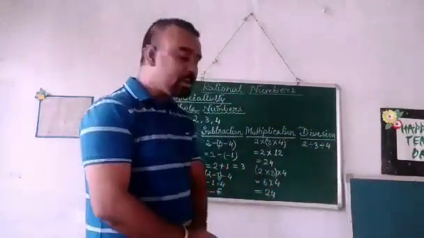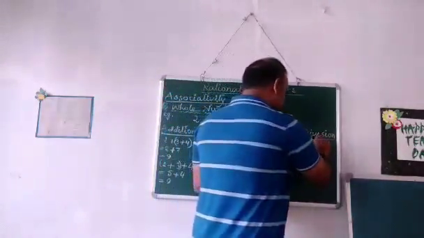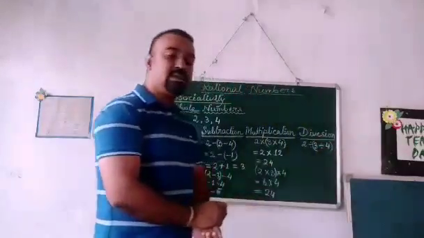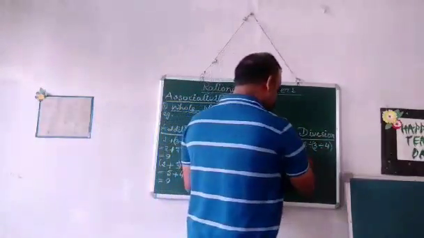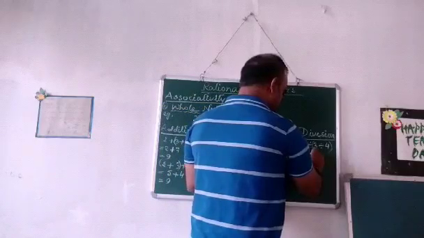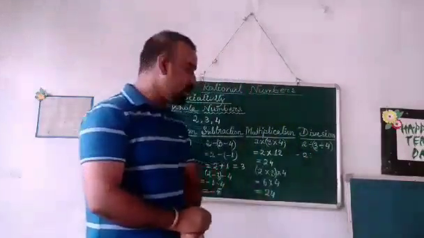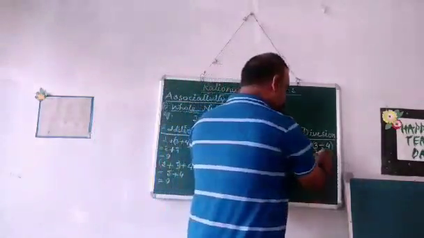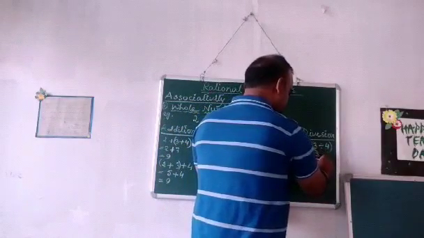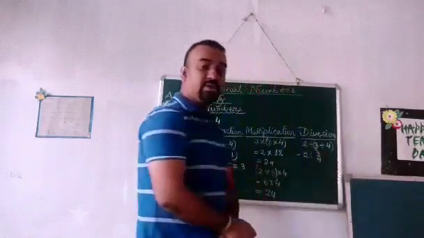Two divided by 3 divided by 4. Combine 3 and 4. So 2 divided by 3 divided by 4, that we can write as 2 divided by 3 by 4.